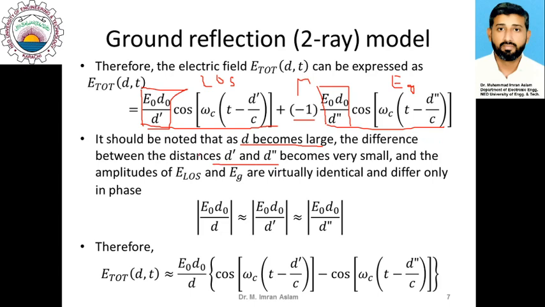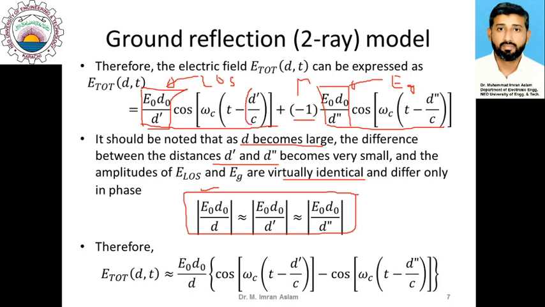Therefore the magnitudes of this LOS field and this EG field are virtually the same, and magnitude wise they do not differ significantly. So we can approximate E naught d naught upon d as E naught d naught by d prime or E naught d naught by d double prime. All these values are approximately the same under practical conditions.